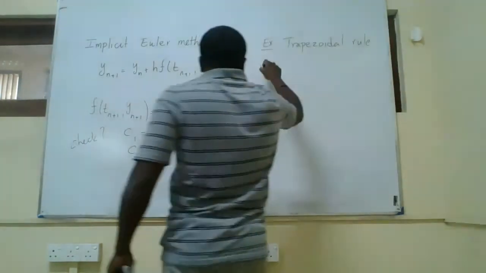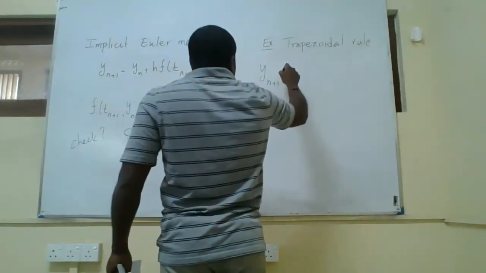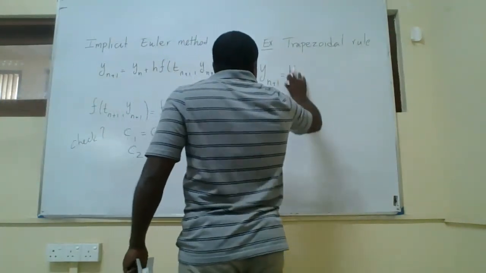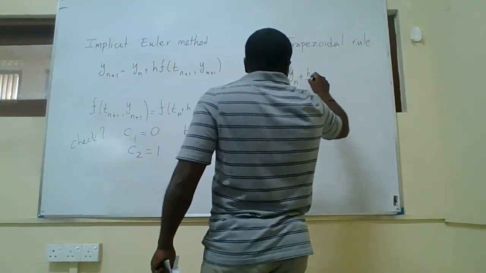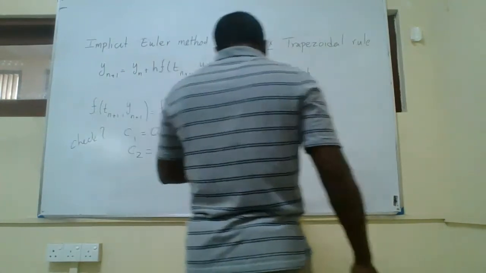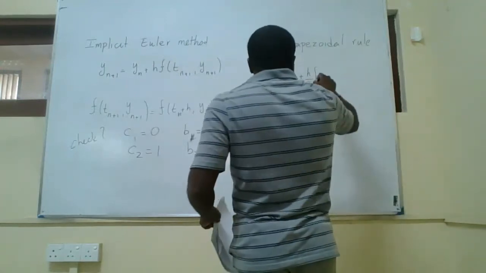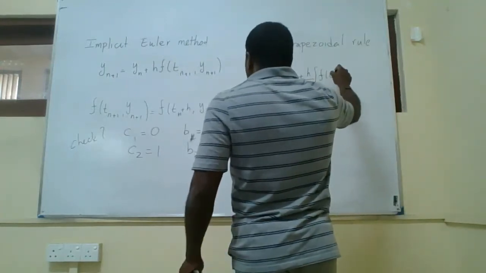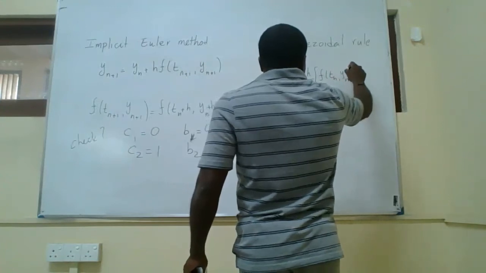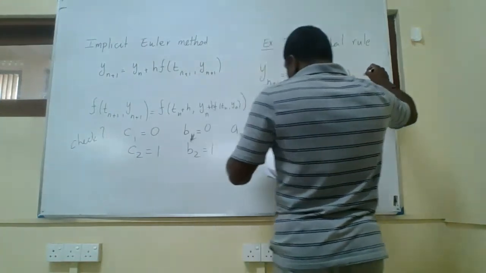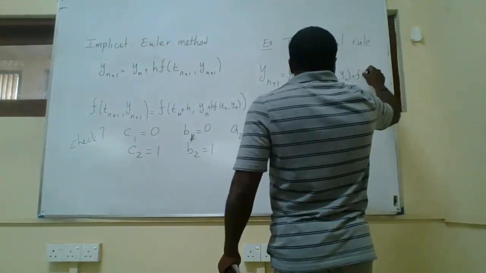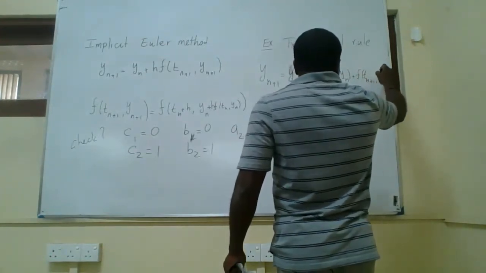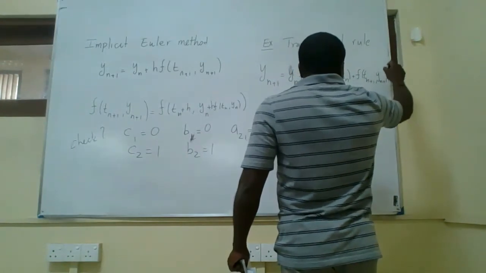So this is your trapezoidal rule: y_{n+1} equals y_n plus h over 2 times f of t_n, y_n plus f of t_{n+1}, y_{n+1}.